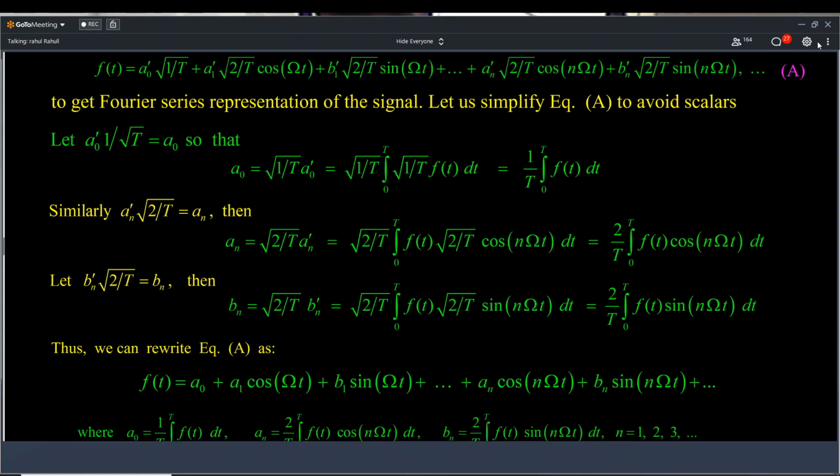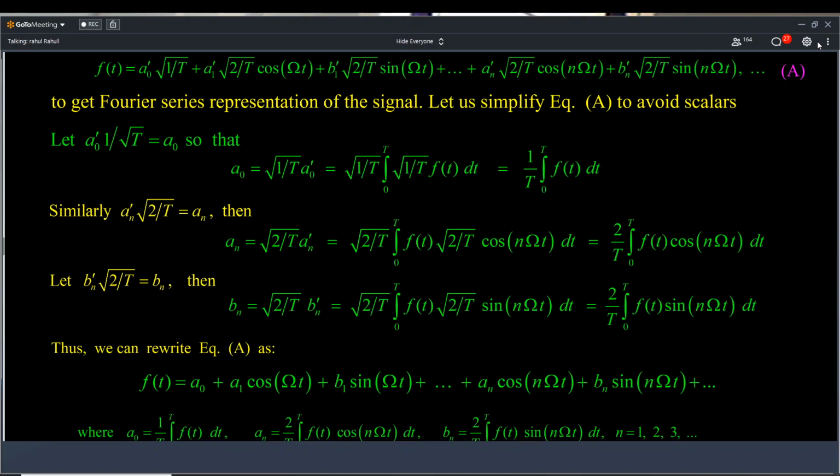Means basically in Fourier series we are using three basis functions, that is u of t, cosine and sine. All these three functions are mutually orthogonal, but they do not have a norm of 1, so they cannot be a set of orthonormal basis functions. So we are forcefully making them orthonormal by having some scalar coefficient.